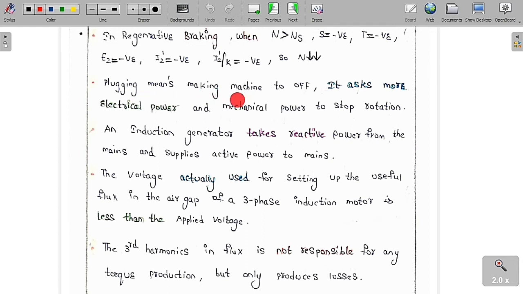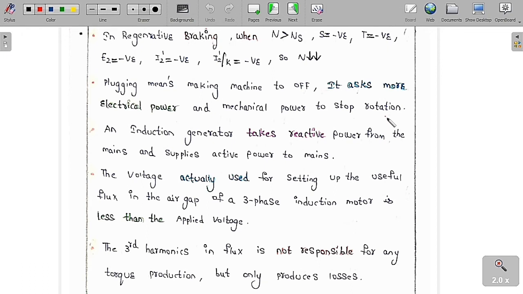Plugging basically means making the machine off. It asks for more electrical power and mechanical power to stop rotation. Whenever you change any two terminal supply, definitely you are going to get an RMF in the reverse direction.